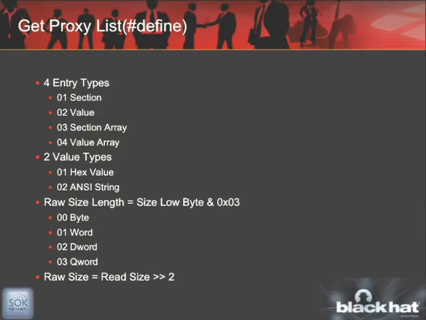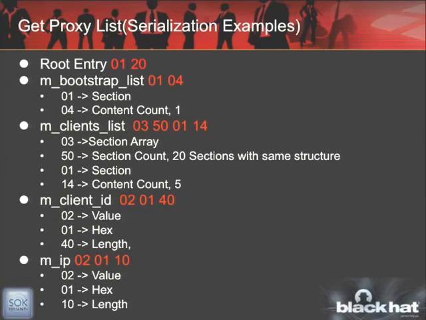I'll give some examples. The first one, the root entry, 0120. Actually, in a single storage data, there is only one such entry. You can treat it as having no keyword, so you can consider the storage header and the version number as the keyword. The 01 means it's a section. The 20 means there are 8 parts in this entry.